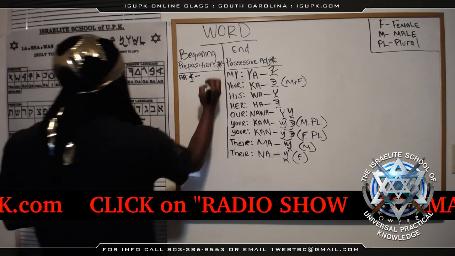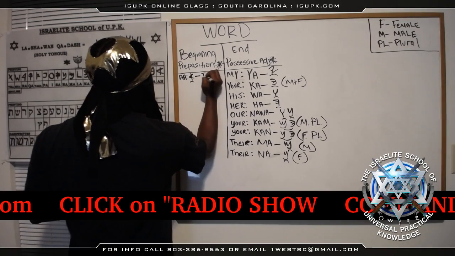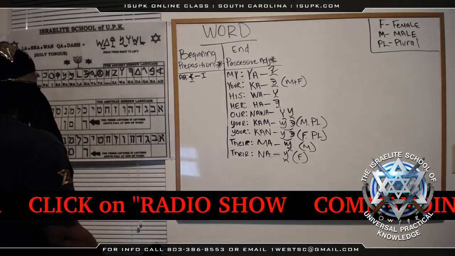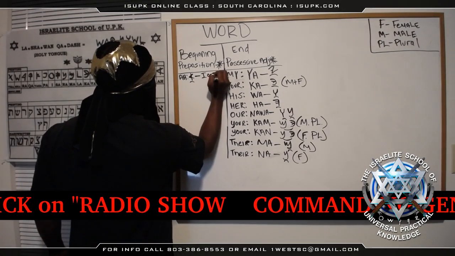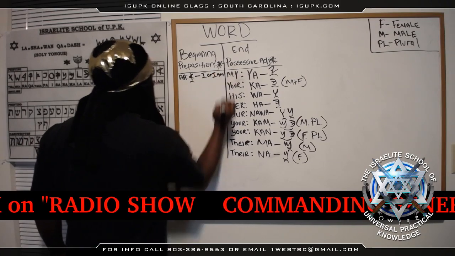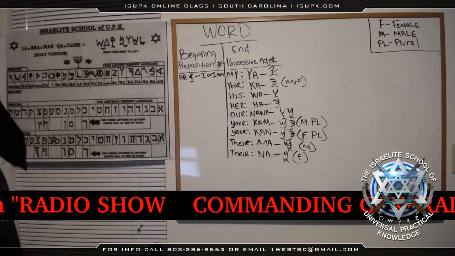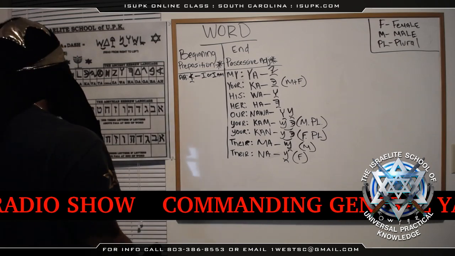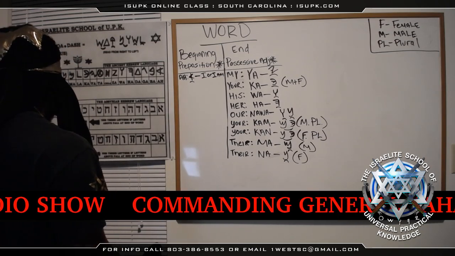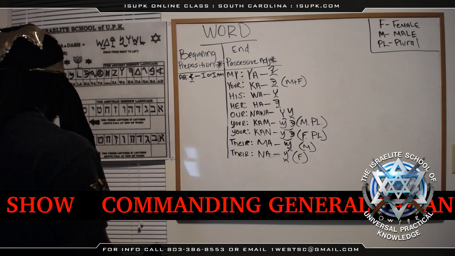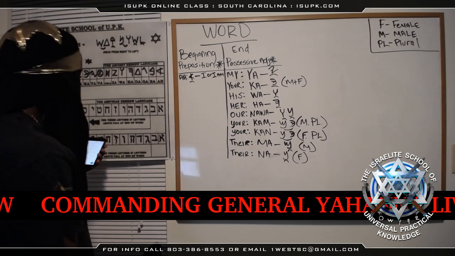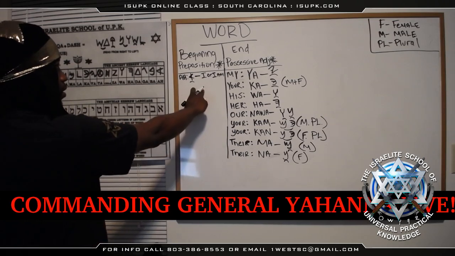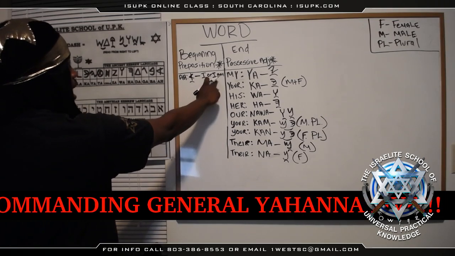I means I, or I am. I might run out of space for this one, but we're gonna work it out. So we got I, which means I or I am.